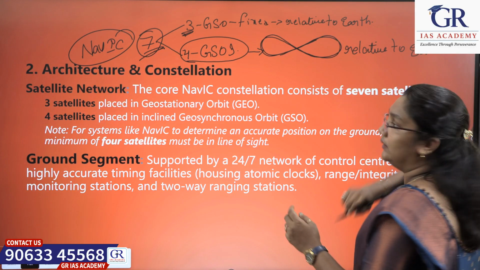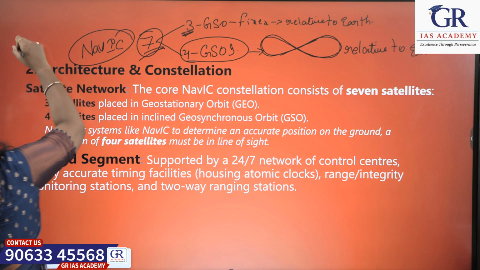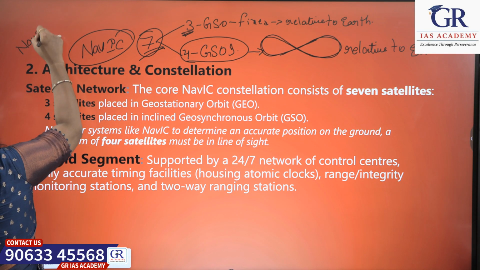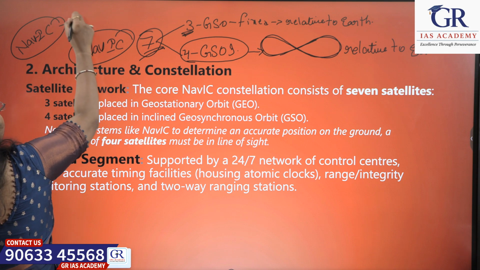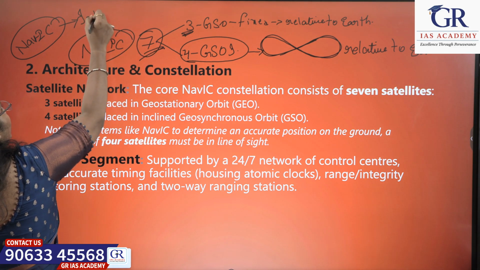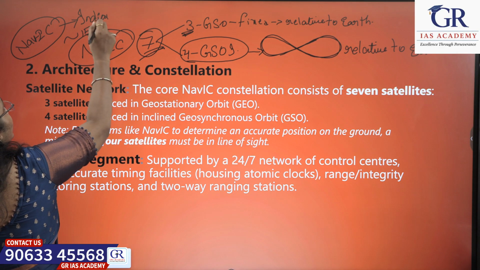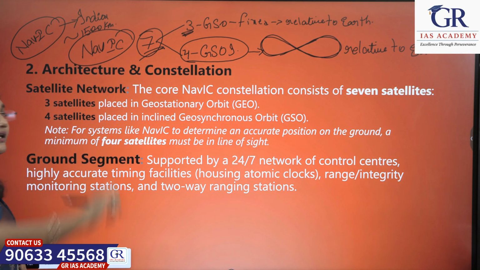Okay, and this NavIC gives the navigation specifications of India, covering an approximate area of 1500 kilometers, and it can also cover beyond India.